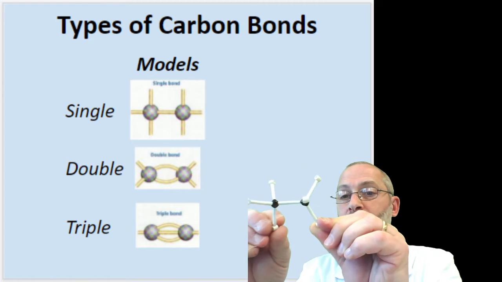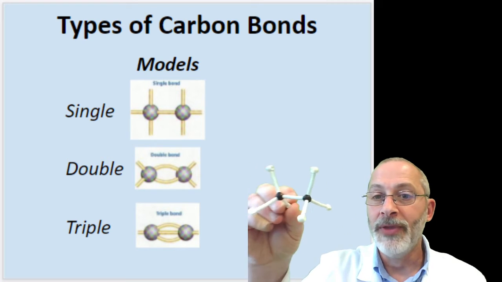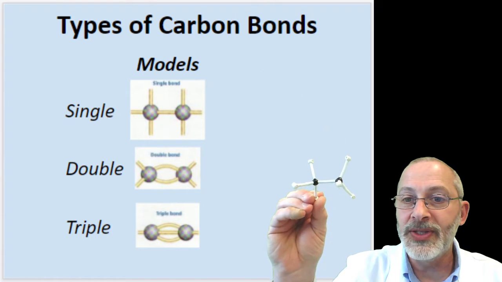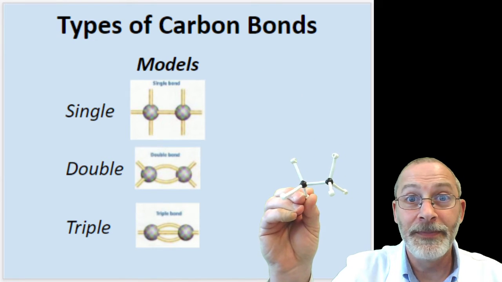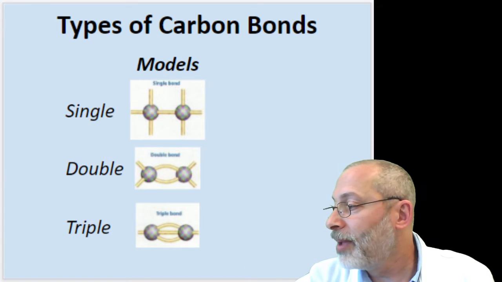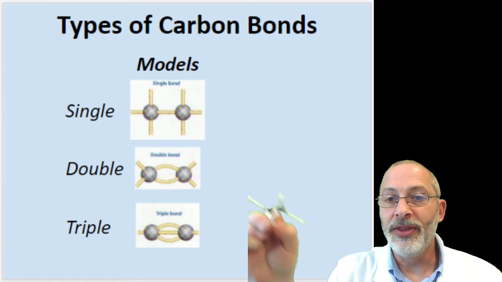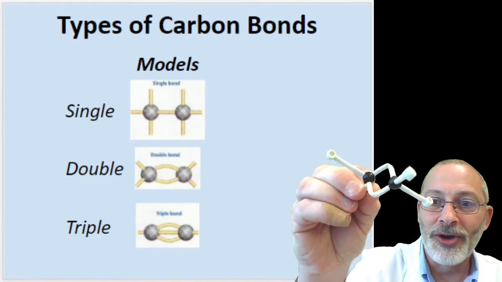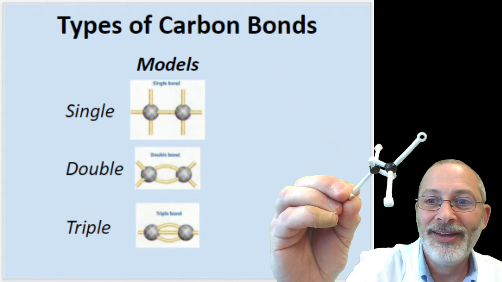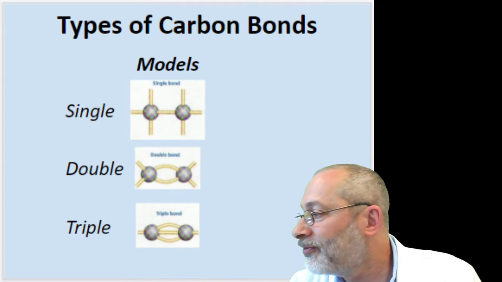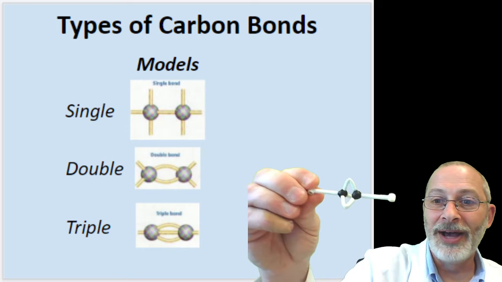You tell me, this will be a little quiz, even though it's a new model. What type of a bond, single, double, or triple, is this illustrating? Shout it out. Single bond, good. What about this model? What is this model illustrating? Call it out. Double bond, very good. And finally, this one, call it out.